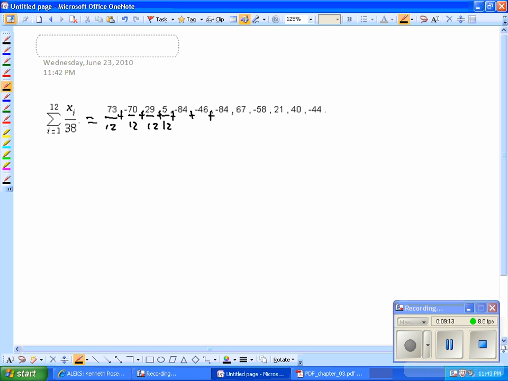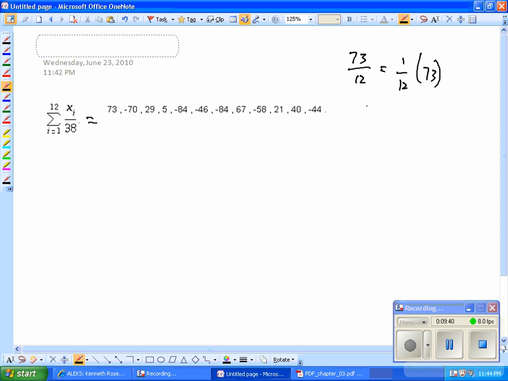Well, that's a big pain, right? Dividing by 12 a million times. Well, another way to think of that is, since I'm dividing them all by 12, those fractions all have a common denominator. And if they all have a common denominator, isn't 73 over 12 the same as 1 over 12 times 73?